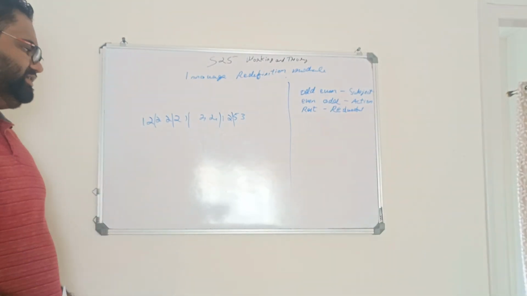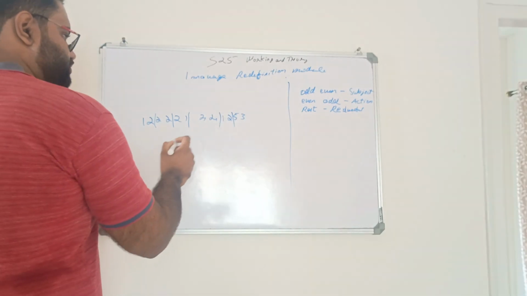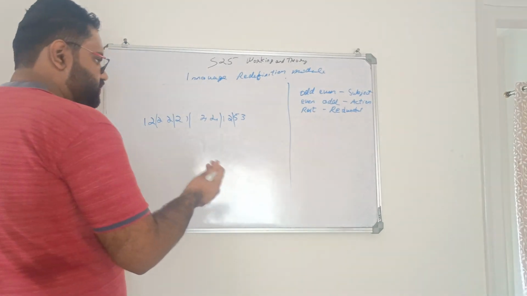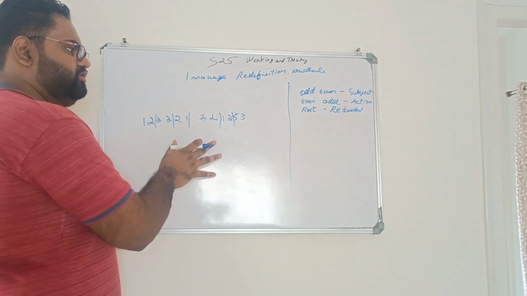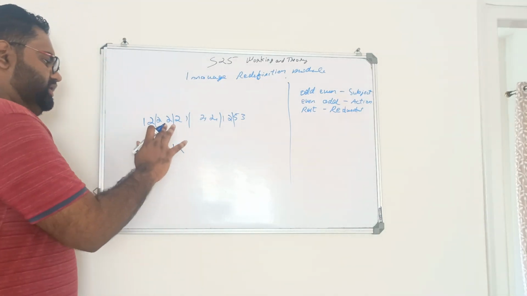Okay, so let's look at what exactly is going on. 1 2 refers to a subject. If I want to look at the original sentence, I have to write down all of the non-redundant words. So I'll be writing 1 2. Next 2 2.